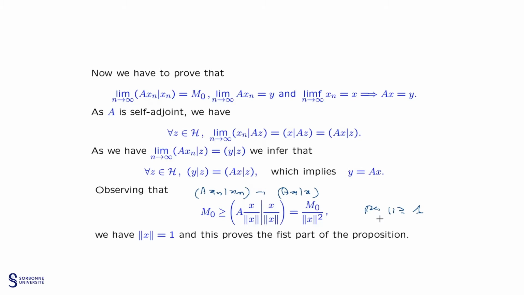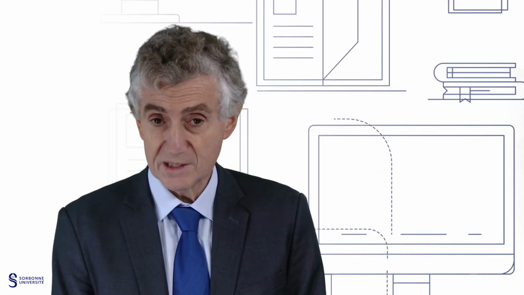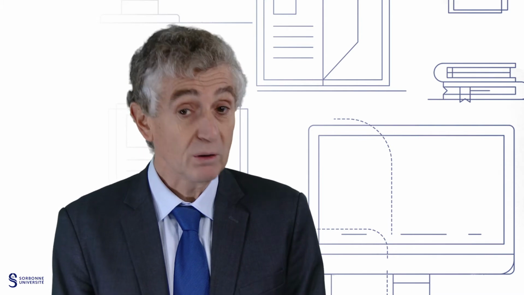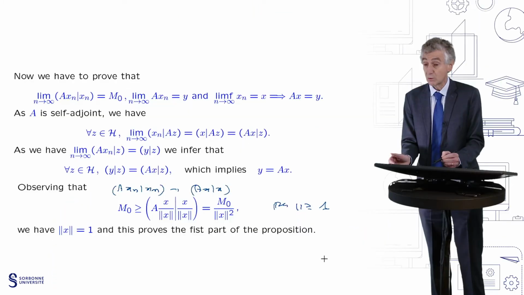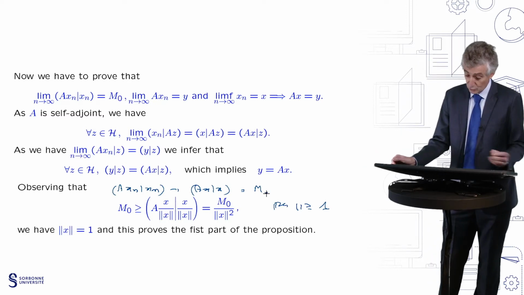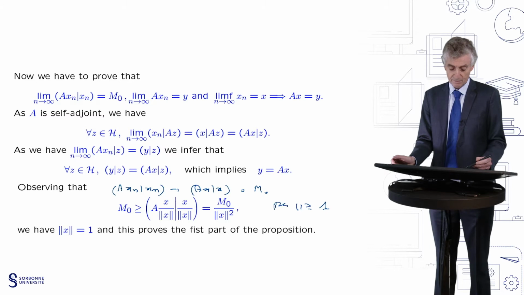But x is the weak limit of a sequence x_n of norm 1, so the norm of x is less than or equal to 1. So it's equal to 1. And we have exactly that this is equal to M0. Okay. So the first part of the proposition is proved.